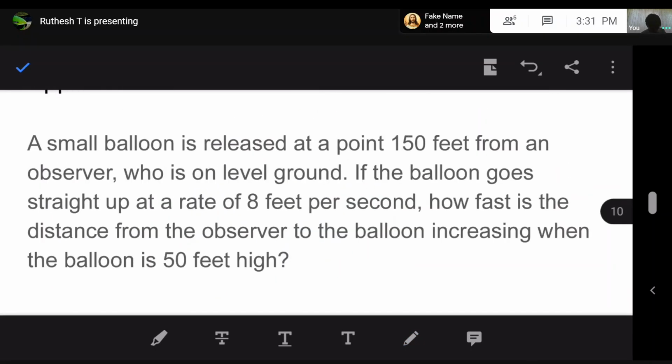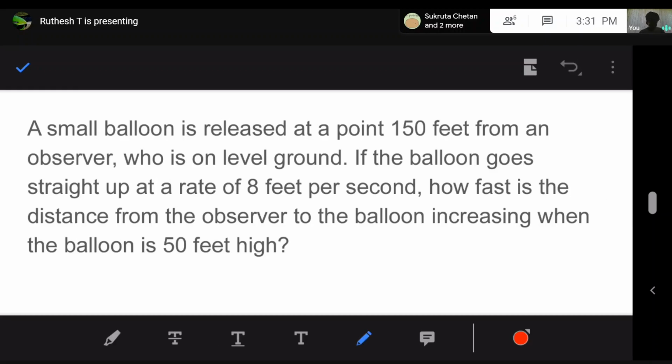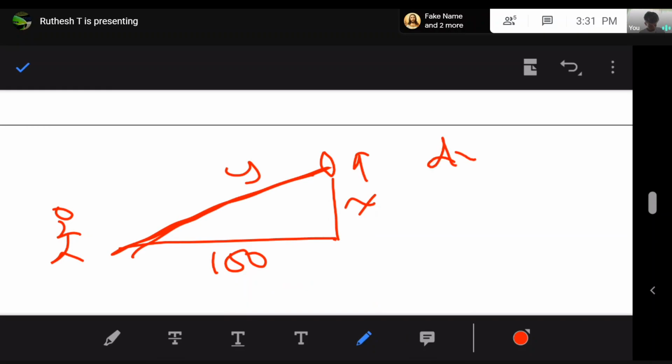We're given that the balloon goes up at a rate of 8 feet per second, and with that we can conclude that dx over dt is 8 feet per second.